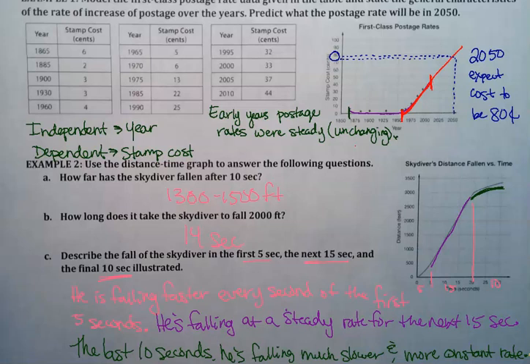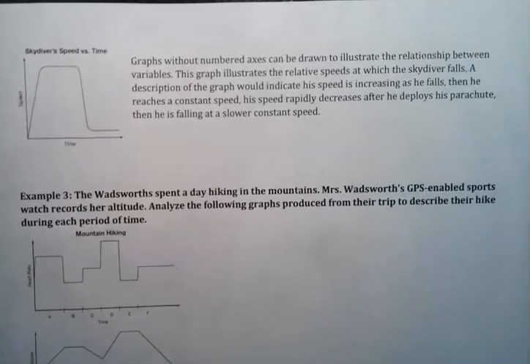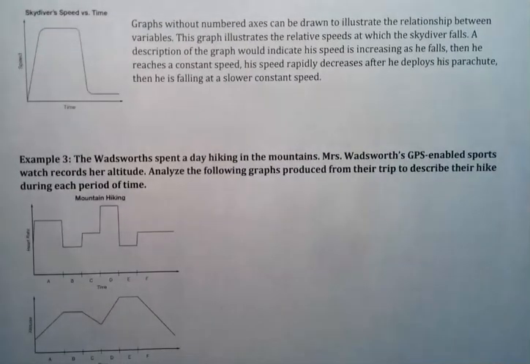All right, so hopefully just talking about these is helping you see a little bit more about the graphs. Then we have some other graphs that are really cool. These graphs are without numbered axes.